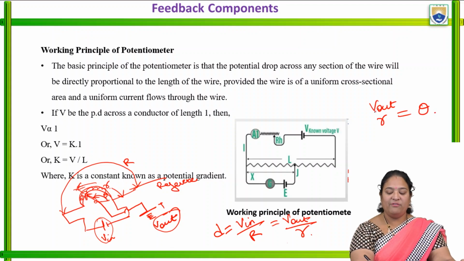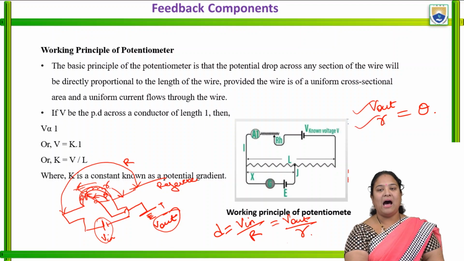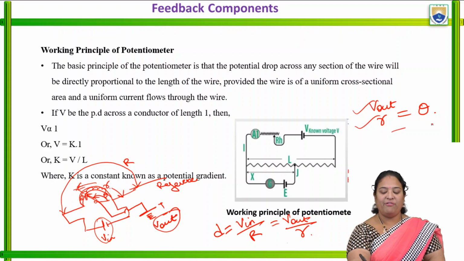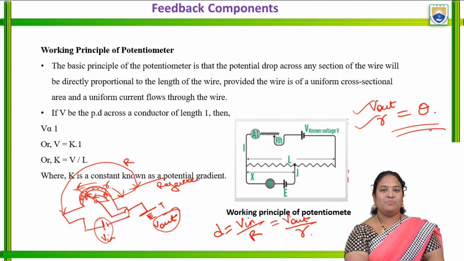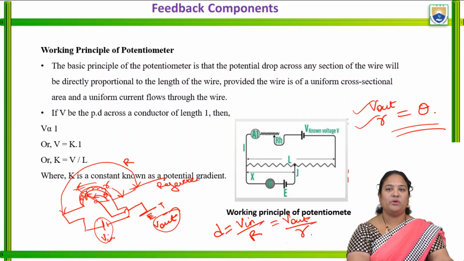This is how the potentiometer works. The basic principle of the potentiometer is that the potential drop across any section of the wire is directly proportional to the length of the wire.